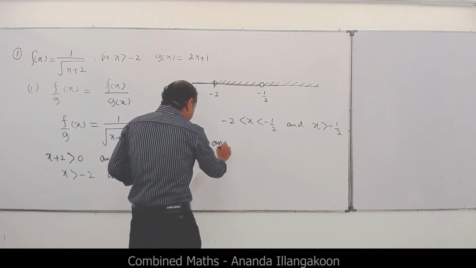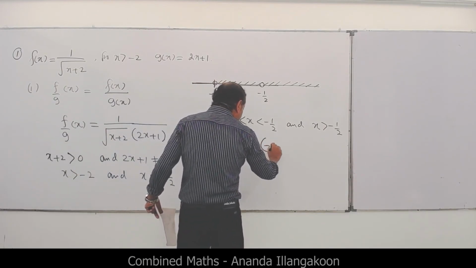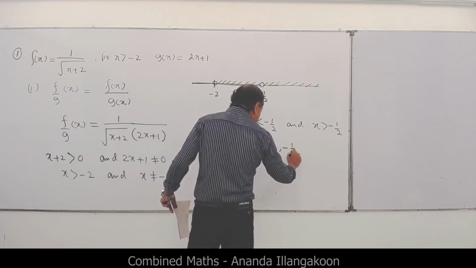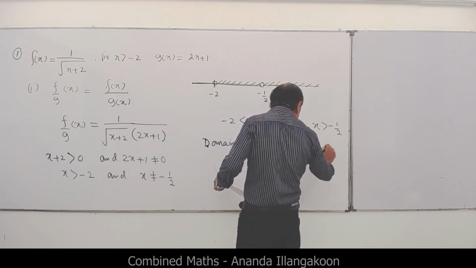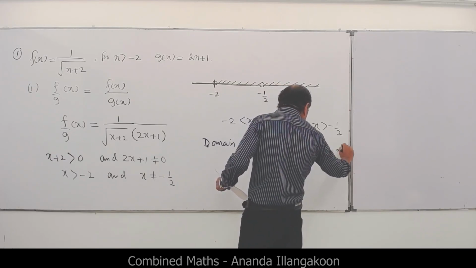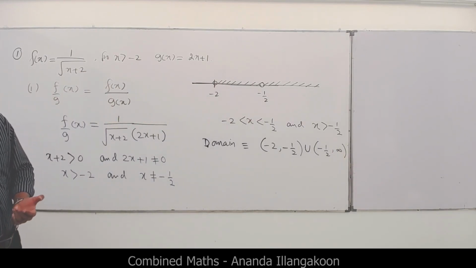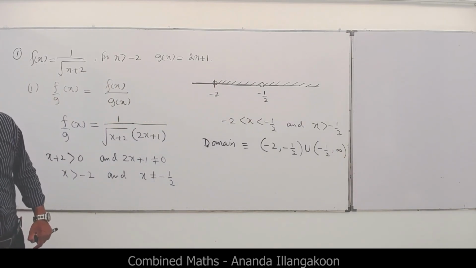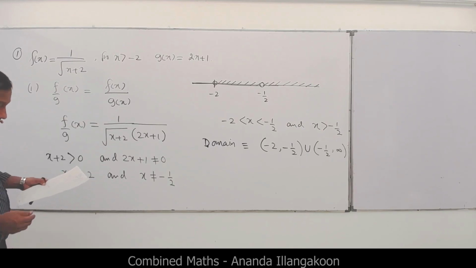Domain: minus 2 excluded, minus half excluded, union minus half excluded up to plus infinity. This is the domain.